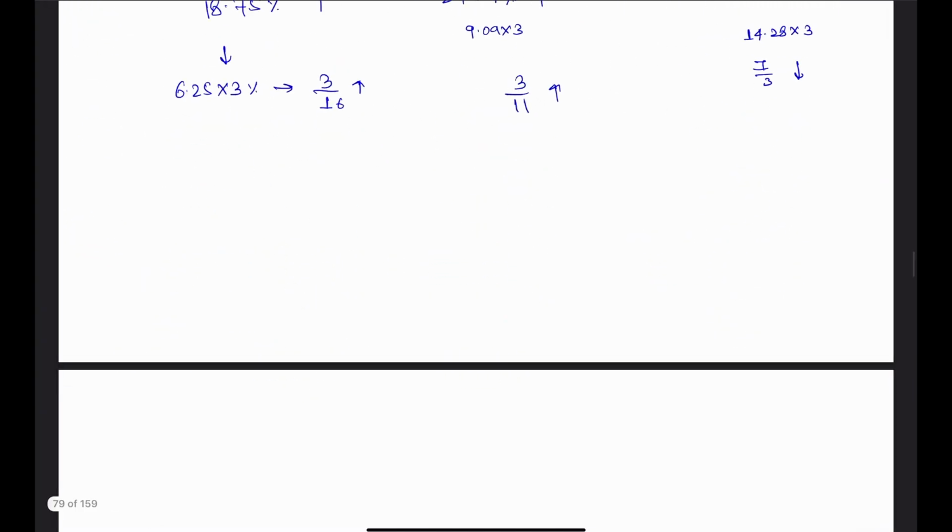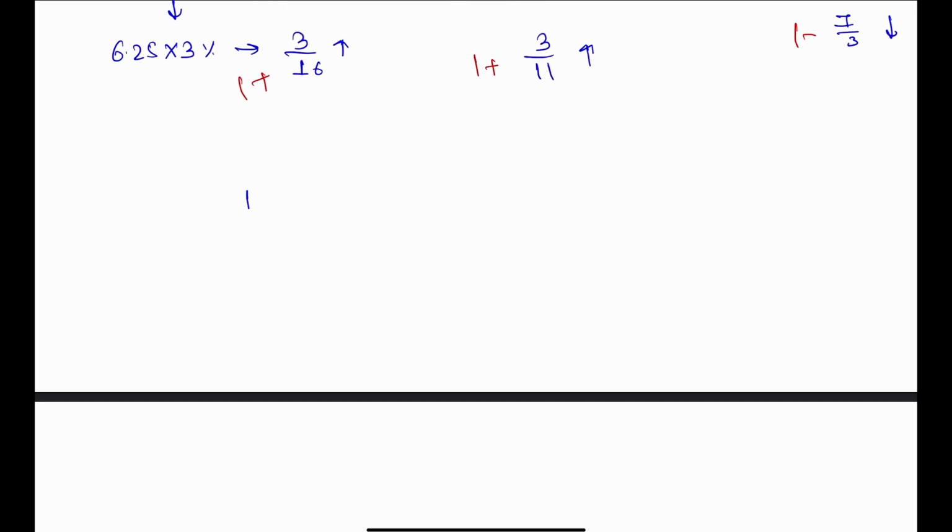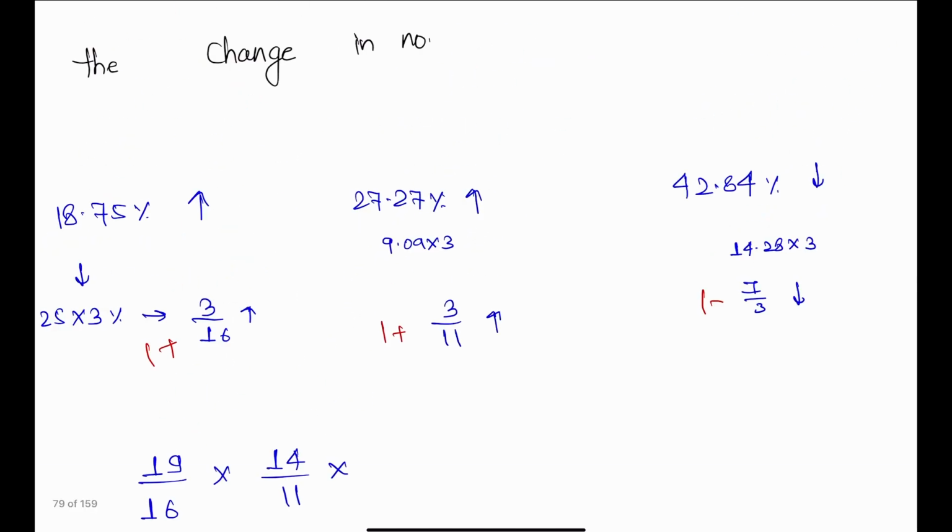So again, if it's increase, plus 1, plus 1, minus, the multiplying factor will be 19 by 16, multiplication by 14 by 11, multiplication by 4 by 7.